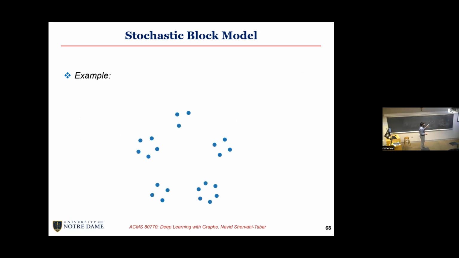So let's say that, for instance, here we have a set of nodes. The first step, I have 5 clusters. I assign each of these nodes to one of these 5 different clusters. I have this kind of structure. And then I say that with some probability, these nodes are connected to each other. With some probability, these nodes are connected to each other.